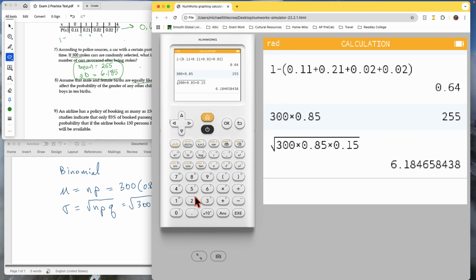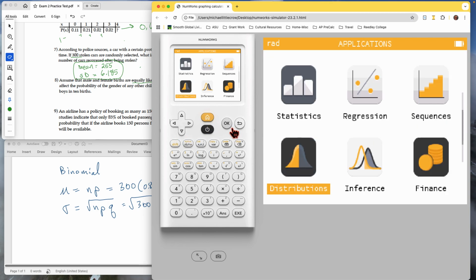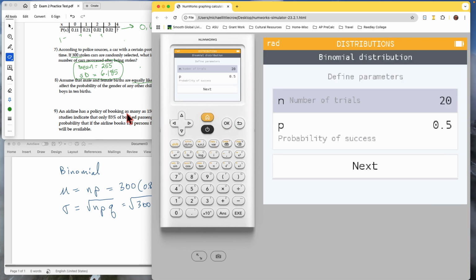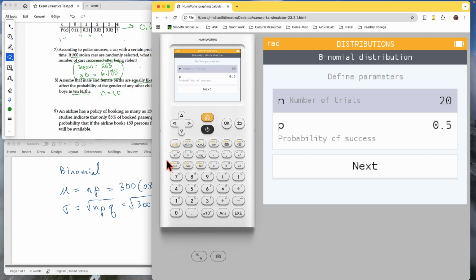Now, with the NumWorks, we do also have binomial distributions in here. For binomial distributions, what we have to enter is the n. So the n is going to be the number of trials, which is 10. And then we have to enter p, which is probability of success, which is 0.5.